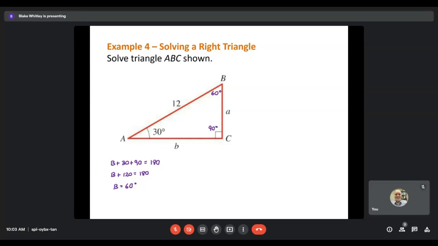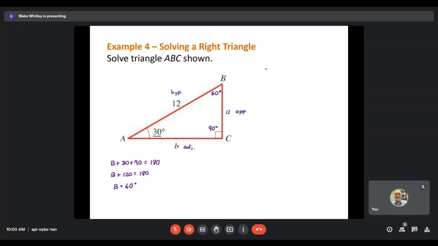And so I'm going to start here with saying that A is the opposite and B is the adjacent. And then our 12 up here is the hypotenuse. So if I'm looking for side A, I know that from 30 degrees, I'm dealing with the opposite side and I'm given the hypotenuse. Since we're dealing with opposite and hypotenuse, that tells me I'm going to use sine.